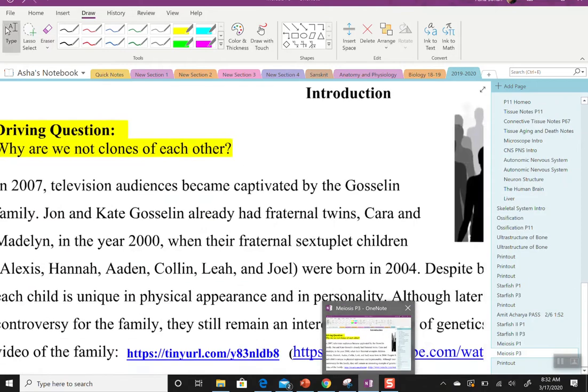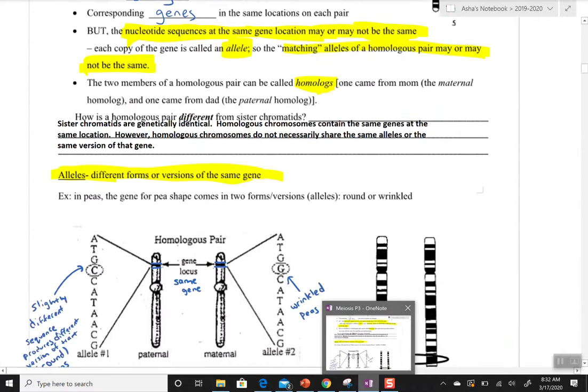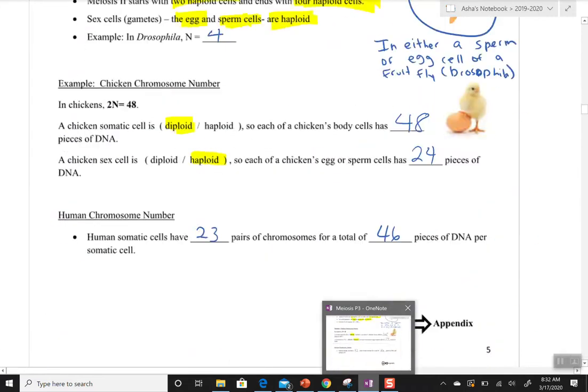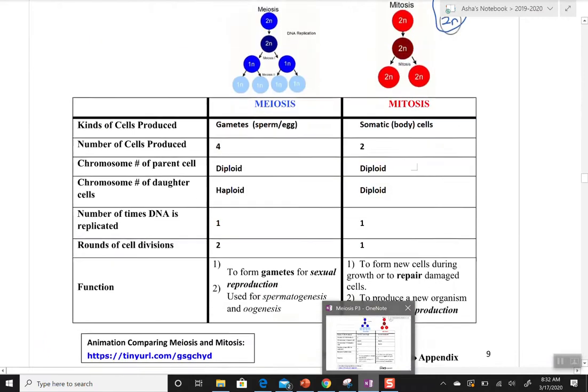So what must have happened in this scenario is that non-disjunction in meiosis did not happen properly.